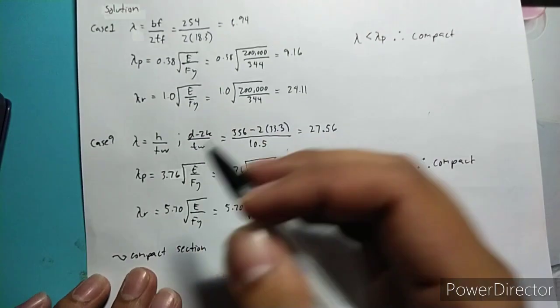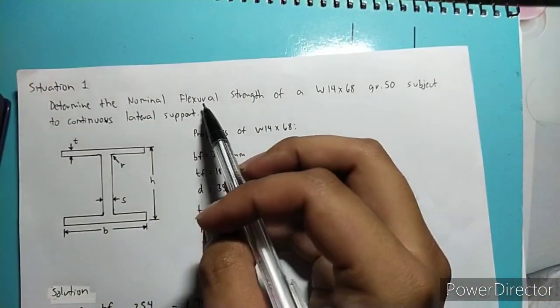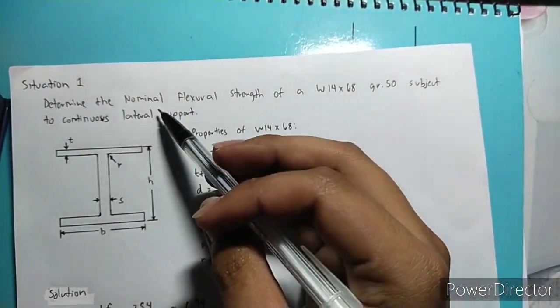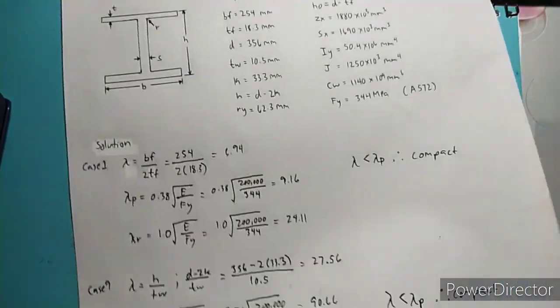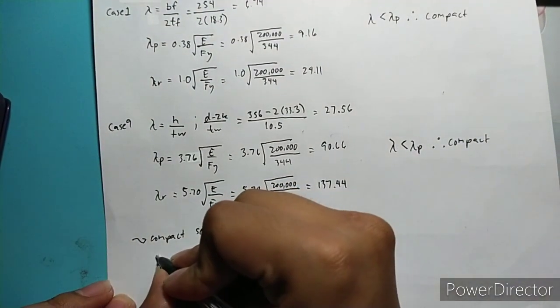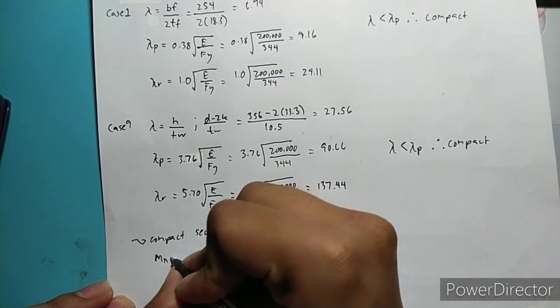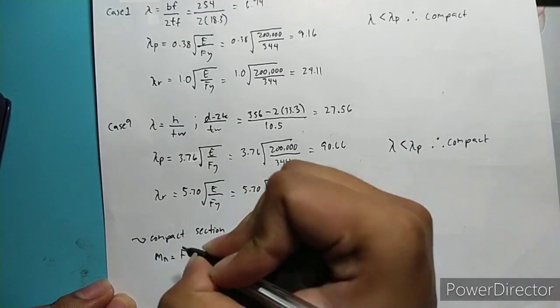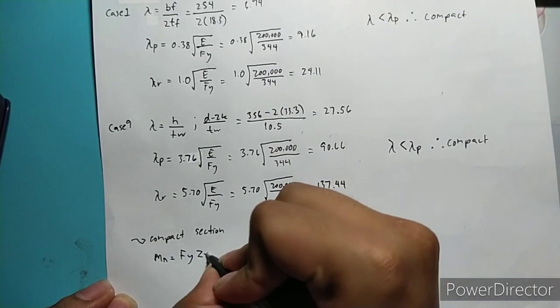what is being asked here? Determine the nominal flexural strength. So, let's get Mn. Mn of a compact section is equal to Fy Zx.